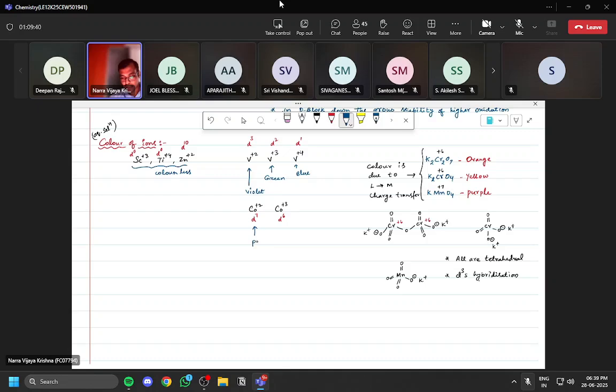Cobalt plus 2, pink. Cobalt plus 3, blue. Same way, iron. Iron plus 2, iron plus 3. Iron plus 2 is D6. Here it is D5. Color: green, yellow.